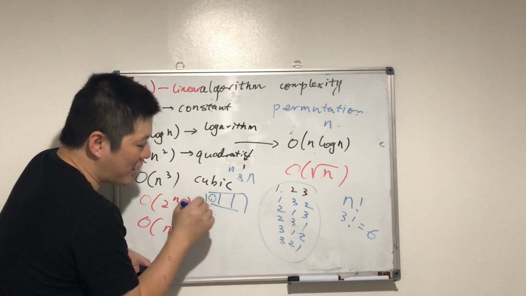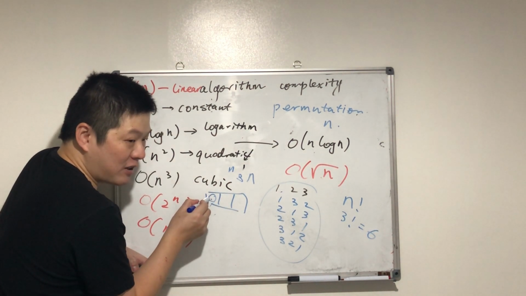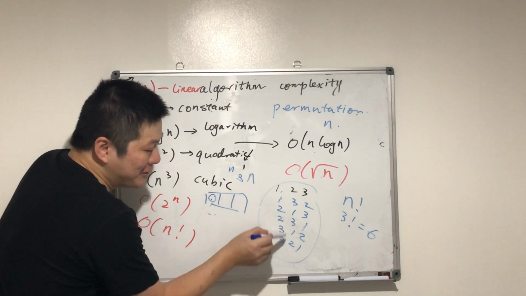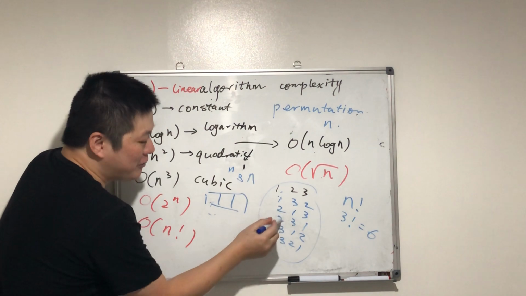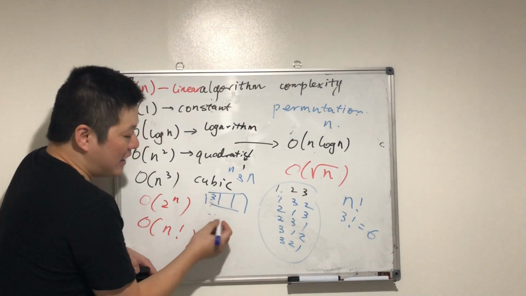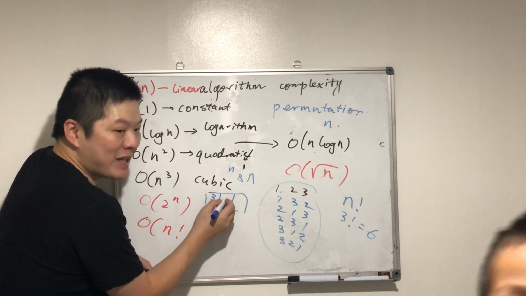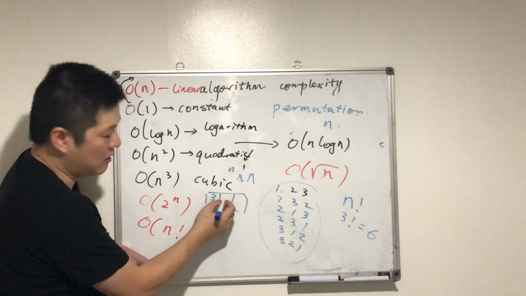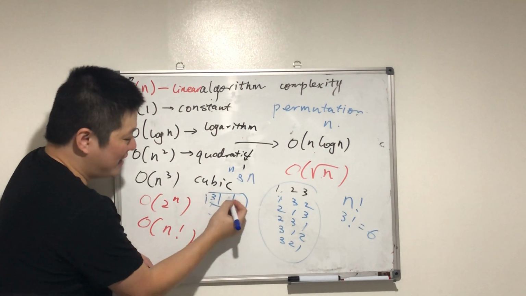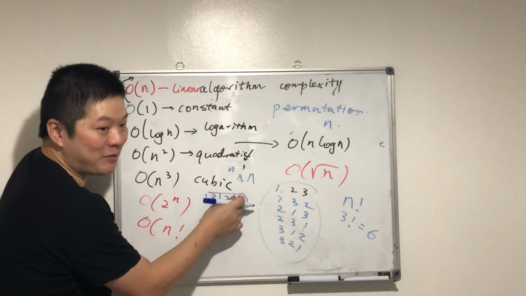There are 1, 2, 3, so 3. Yeah, I can put 1, 2, 3 in the first one. If I pick one number, how many numbers can I put in the second place? 2, because I already put 1, right? And then how many numbers can I put for the last one?